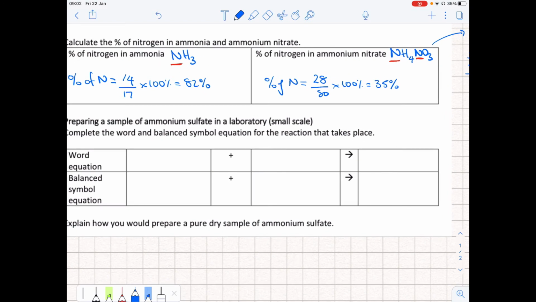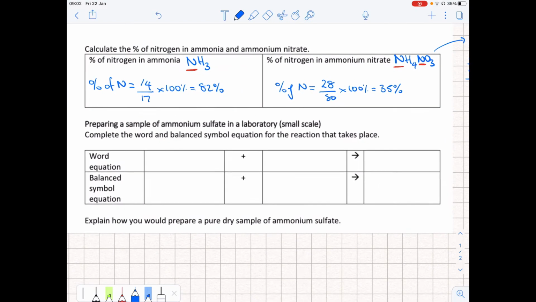This next little bit is looking at how we produce and prepare a sample of ammonium sulphate in a laboratory. Let me take you through this. Ammonium sulphate is a salt, so if we can carry out a neutralization reaction, then we will produce the salt, ammonium sulphate. To do this, we need to take the 2 chemicals that are going to allow this salt to form.